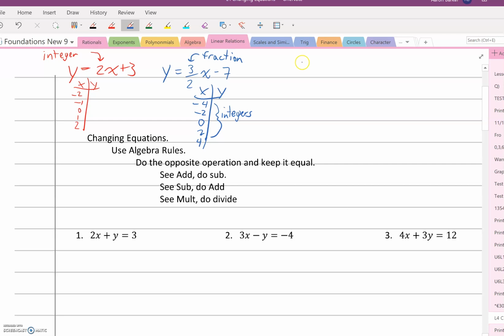But today, we're going to see that we're going to have equations like this. 3x minus 4y equals 7. And so we don't know, is this going to be a fraction or an integer? We don't know. And so what we want to do is we want to then graph integer.